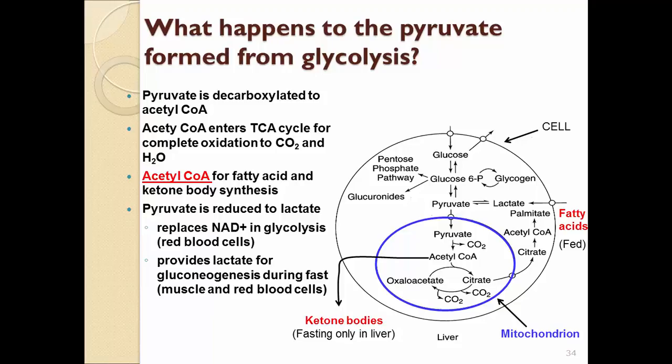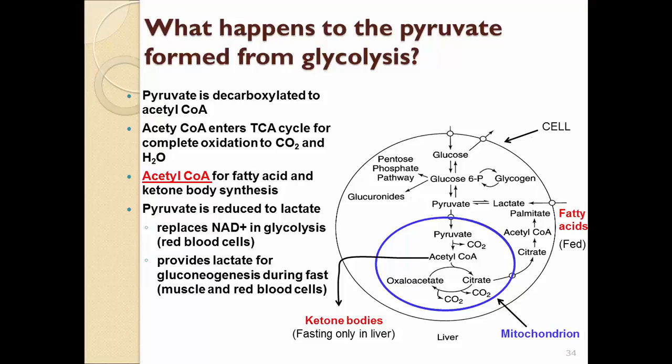This process occurs in the fed condition, particularly in the liver. When you have a lot of glucose from the diet, glucose can be converted to fat. This is the process of conversion of glucose or carbohydrate to fat, happening in the liver.